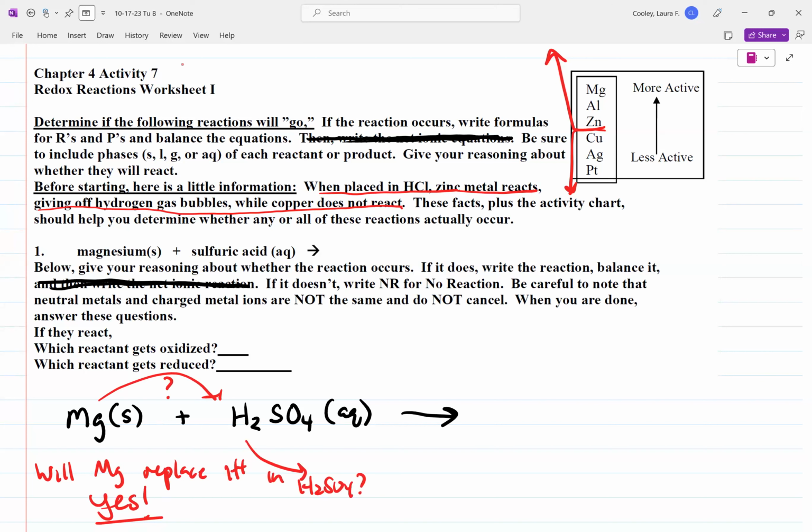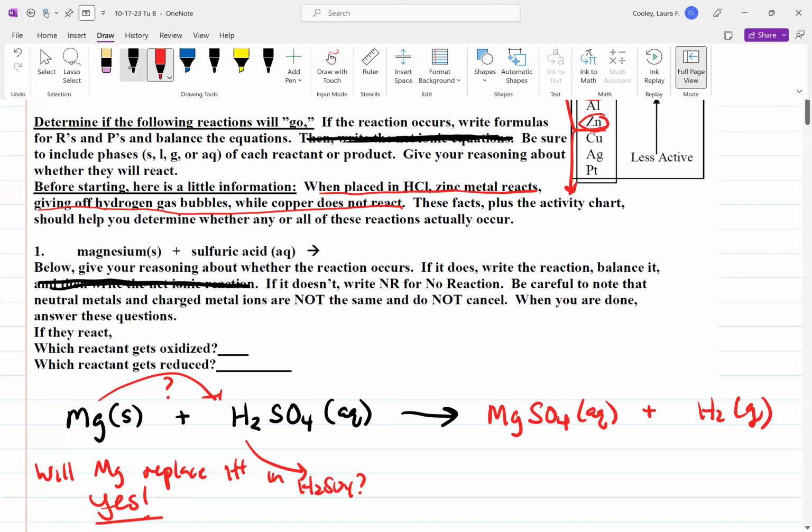And why will it happen? Because zinc reacts with strong acid, and magnesium is more active than zinc. So it will certainly react with sulfuric acid. And when it does, it will produce MgSO4 plus H2 gas. And I believe that that is already balanced.